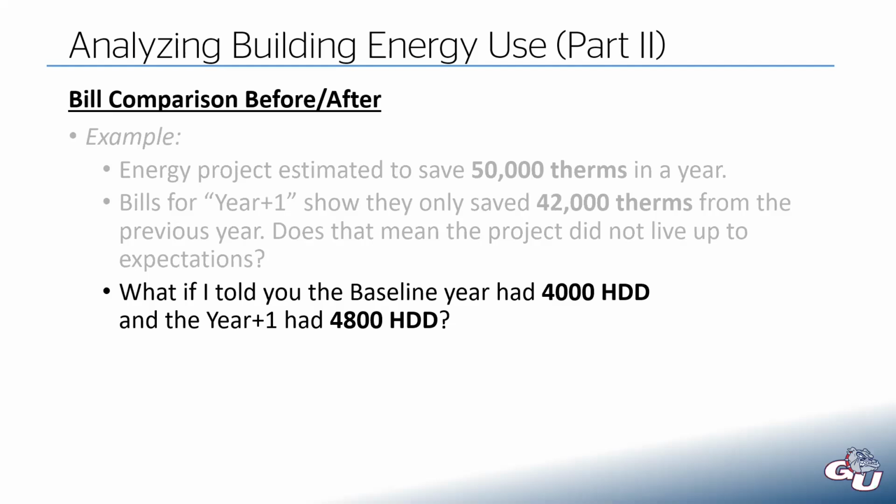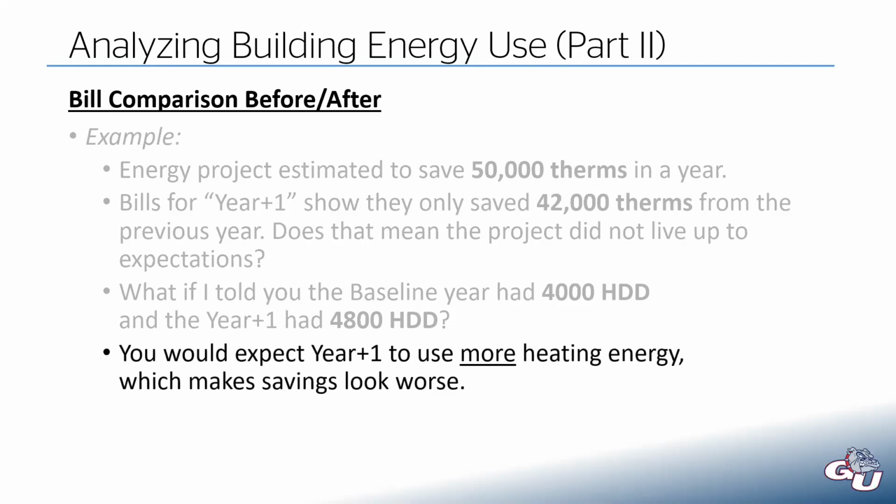Based on that, you would expect that year after to use more heating energy. And so that will play a role in how these savings are determined and expressed. So maybe they still saved energy, but they just didn't save as much. Well, how much of that is due to the weather, and how much of it might be due to the energy project just not performing as well as you expected?